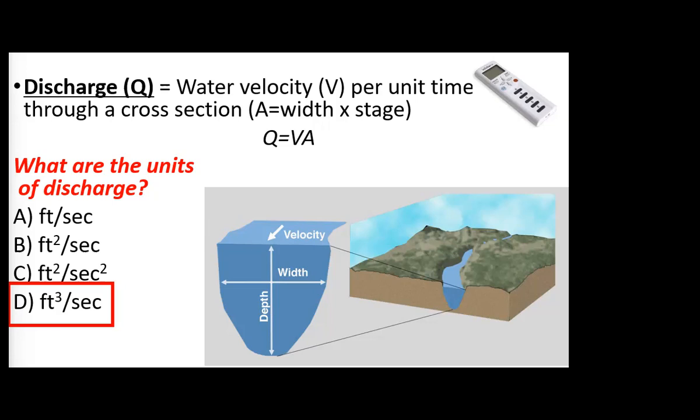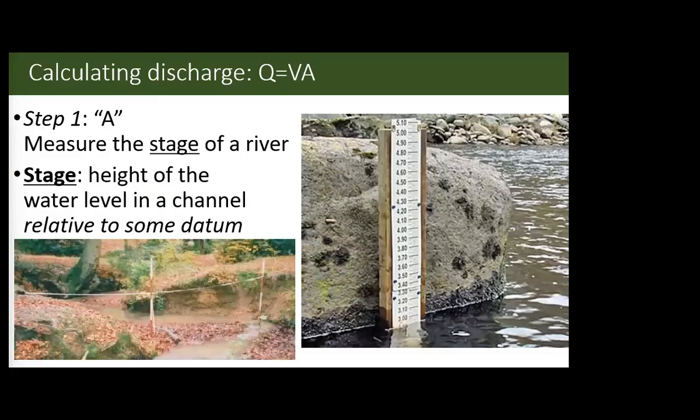Okay, because we're going to be working a lot with units in this portion of talking about flooding, because whenever we are measuring stuff, discharge is going to be really important. So the first step to measuring and calculating discharge is we're going to measure the stage of the river. The stage is just going to be the height of the water channel. And as you can imagine, the height of the water channel is going to be different as you go along different parts of the stream channel.